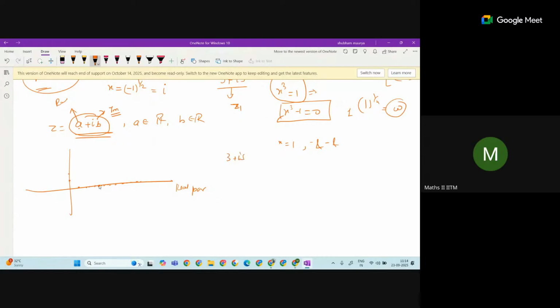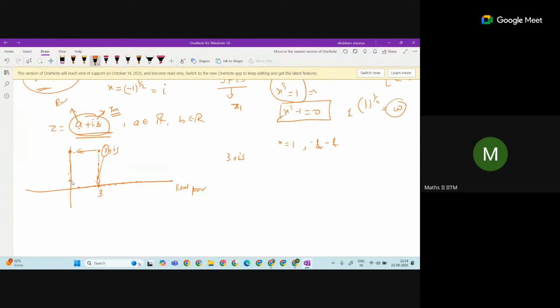I can denote 3 here and 5 somewhere here, and the exact complex number is represented at this point, with the real part on one axis and the complex part on the other.